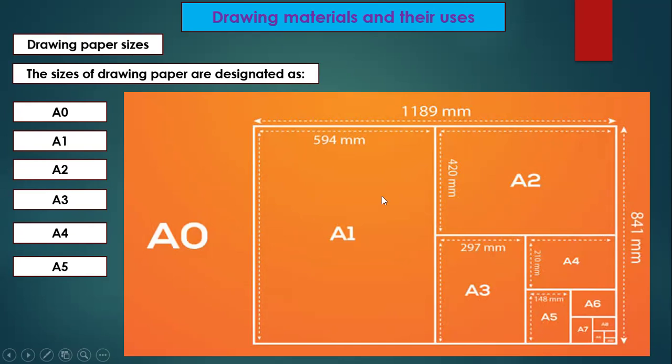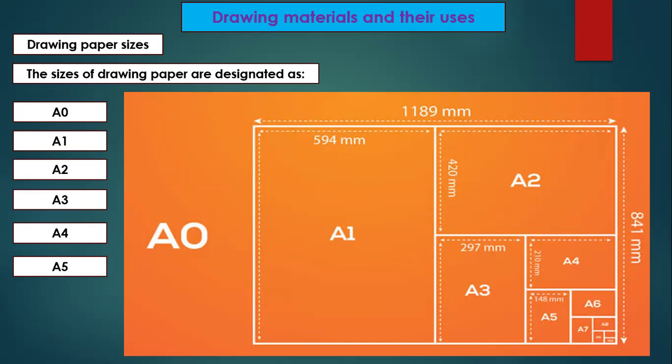This is A1 now. So we have the length of A1, or the width, sorry, the width of A1 will become 594 millimeters, because we cut the length of A0 into 2. So this side of the A1 is the width, while the length of A1 is 841 millimeters. I believe that is clear.